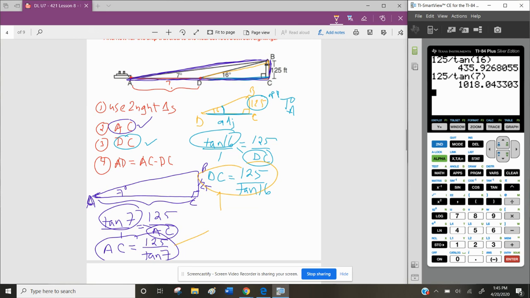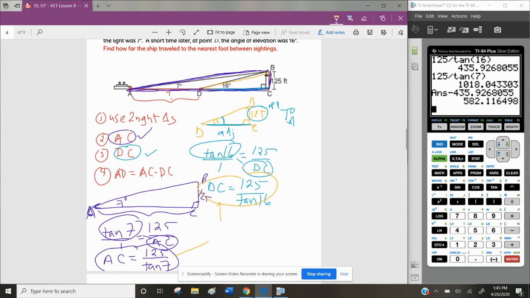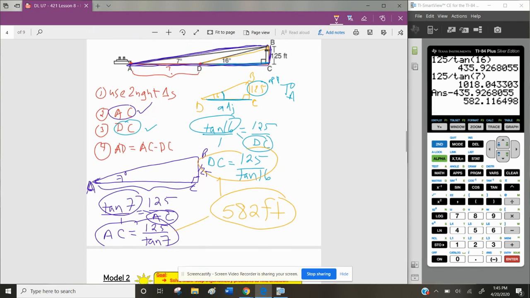Okay, that one was larger. That was my longer one. So from that answer, I'm going to scroll back up in my calculator. I'm going to bring that smaller answer, that smaller side down, 582.1. So to the nearest foot, 582 feet is how far that ship has traveled. Go back up to the question. Did I find it? Does it make sense on my picture? It does. So that would be it for that example.